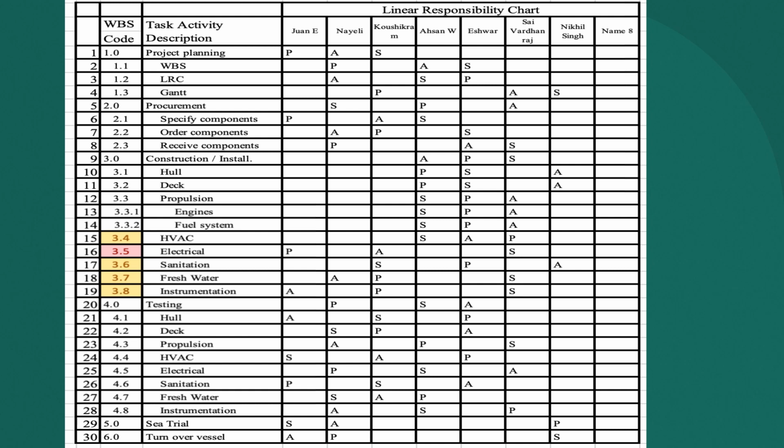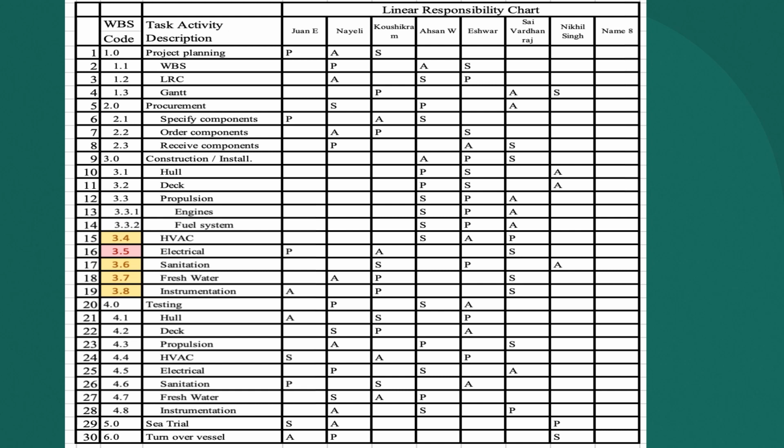Sanitization, primary Ishwar, secondary Kaushik Ram, and approval by Nikhil Singh. Freshwater, primary Kaushik Ram, secondary Sai Vardhan Raj, approval by Naili. Instrumentation, primary Kaushik Ram, secondary Sai Vardhan Raj, and approval by Juan.